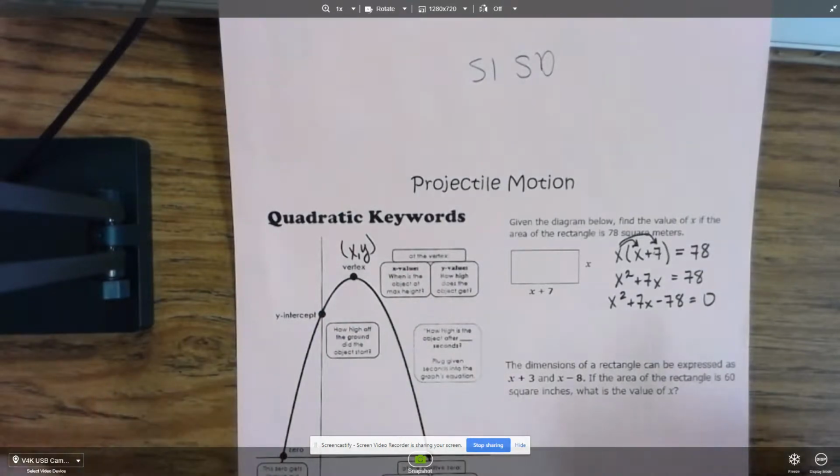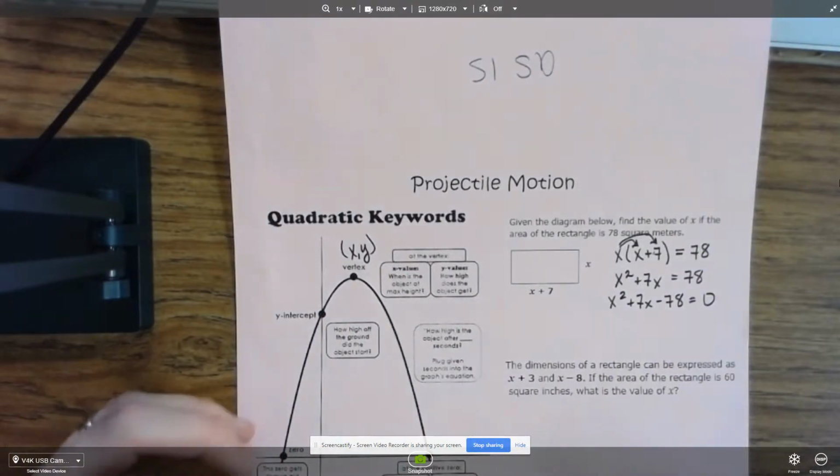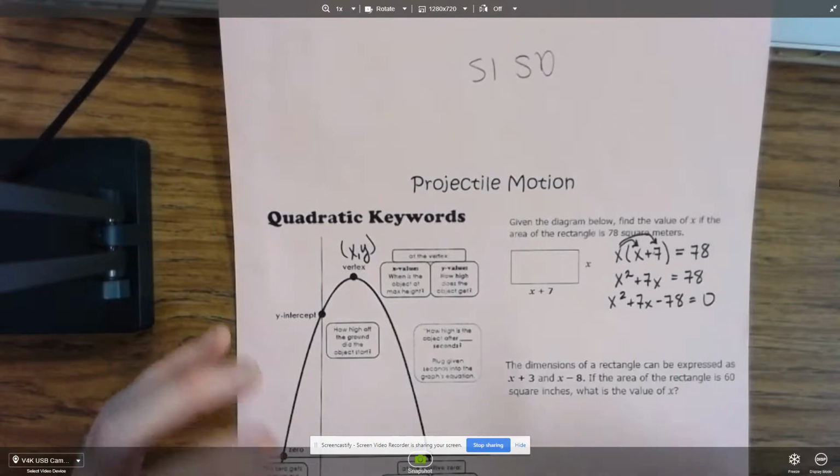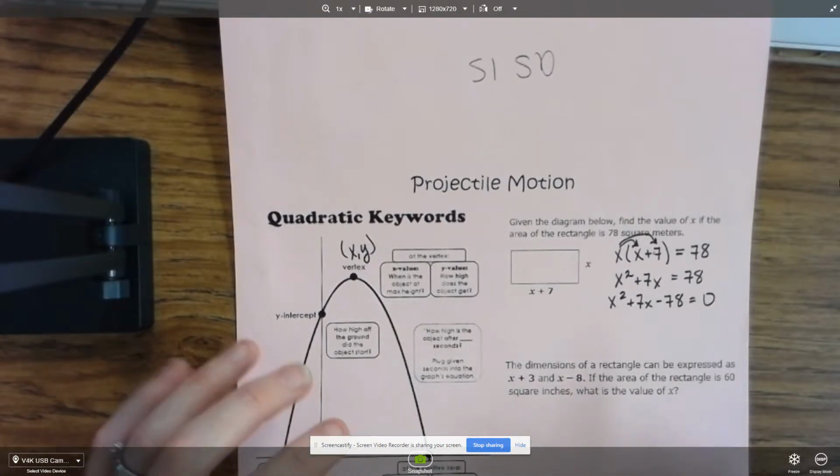Now I can solve this, and there are different ways you can solve it. You can use the quadratic formula or you can factor it, whatever works best for you.